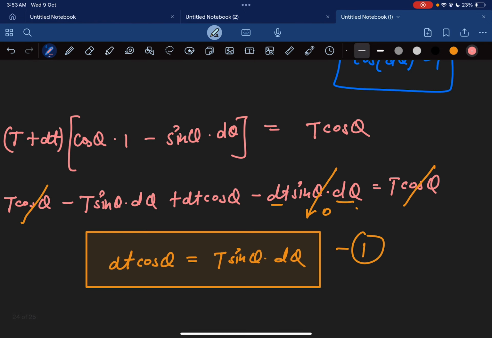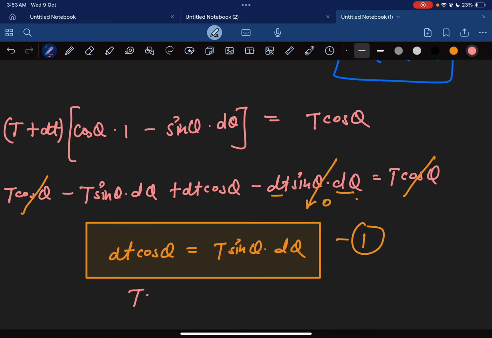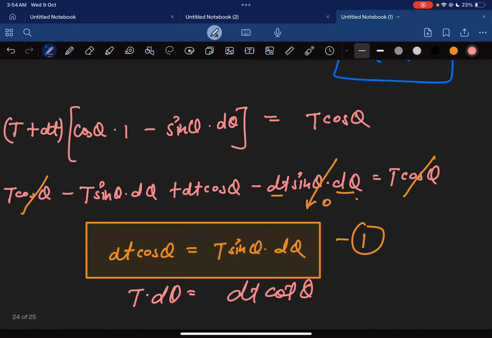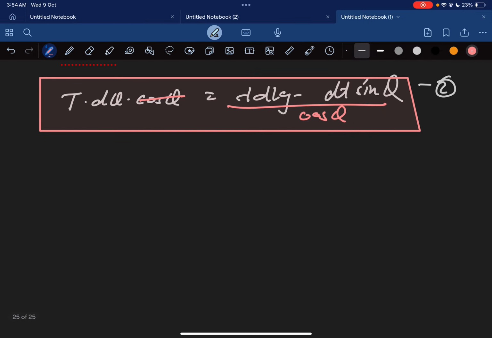So let's solve that equation, or let's just find the value of T d theta, and we'll equate both. From equation number 1, T d theta is equal to dT cot theta. Now from here we are getting T d theta as, I'll directly write it, cos theta. Understand? So I'll equate equation number 3 and equation number 2.